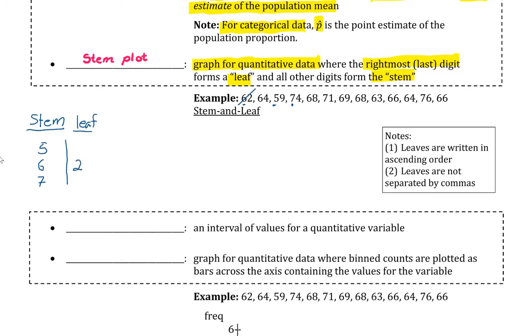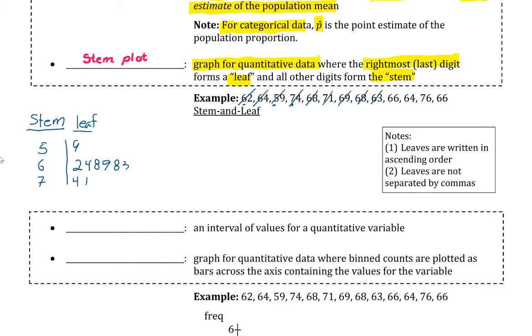And so this represents 62. 64, 59, 74, 68, 71, 69, 68, and notice 68 is a duplicate value, but I still represent it with another 8.